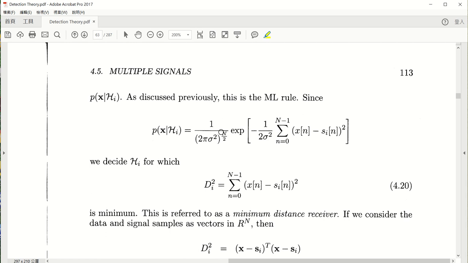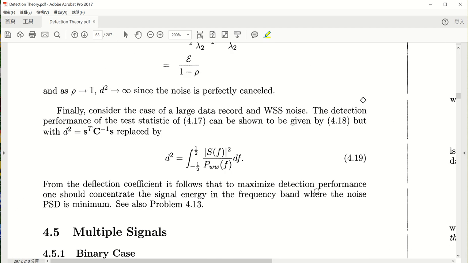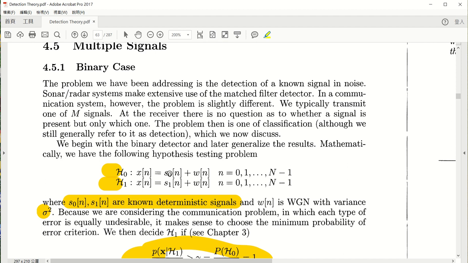So you have this multivariate Gaussian distribution, and this is also Gaussian, with the summation of x minus the mean. The mean is of course its signal. If you just recall what happens here, you take the expectation. This S0 is going to be the mean of this x.